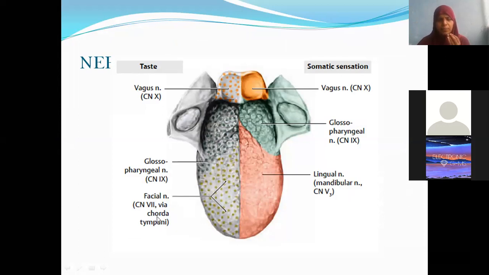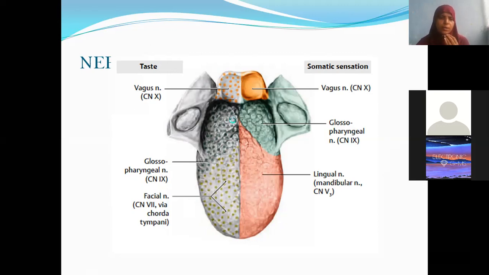The chorda tympani, which is a branch of the facial nerve. Then the posterior part is supplied by the glossopharyngeal. What is this part overall? I told you, it is the pharyngeal part, not the oral part. The pharyngeal part is supplied by the glossopharyngeal. As you go much behind, we will see the vagus.